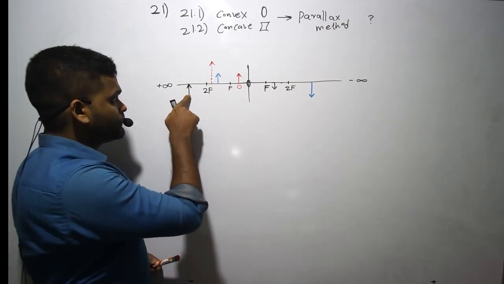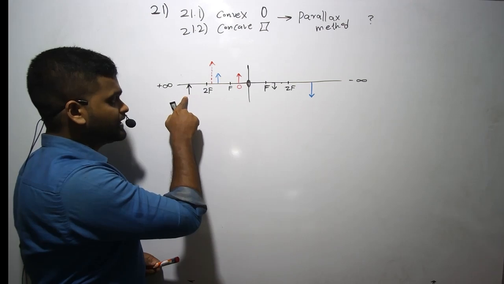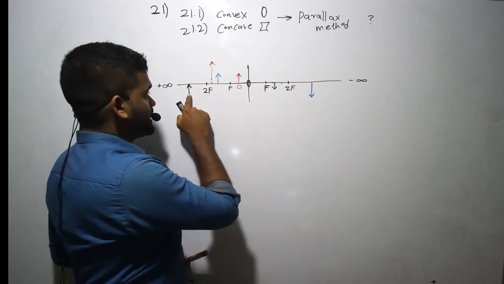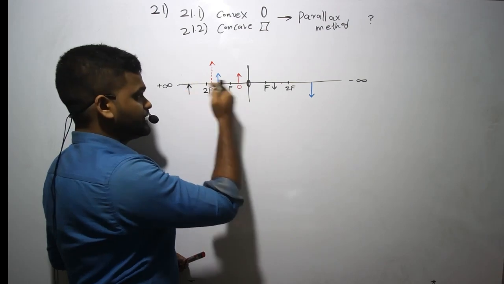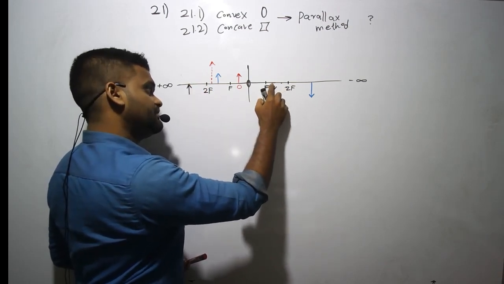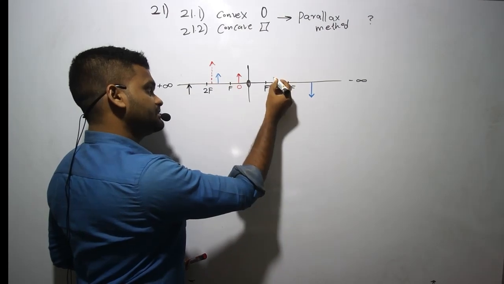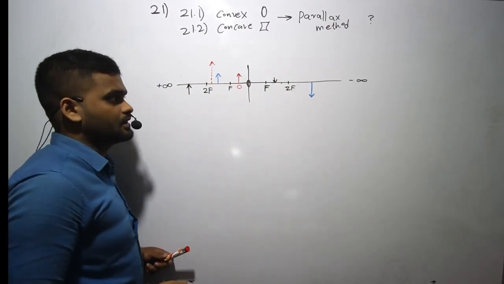Okay. So when you place the object here like this, it has to create an inverted image. Inverted means you have to flip that, right? Flip the object. And it should be between F and 2F. So the image would be like something like this. Right?